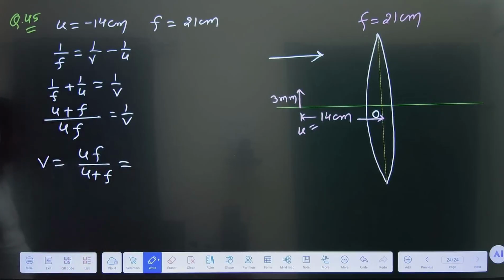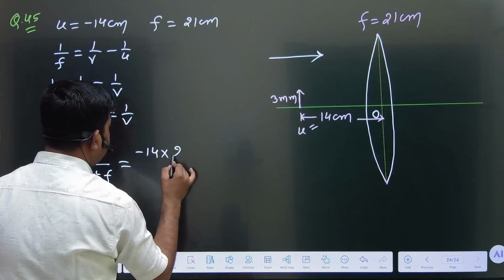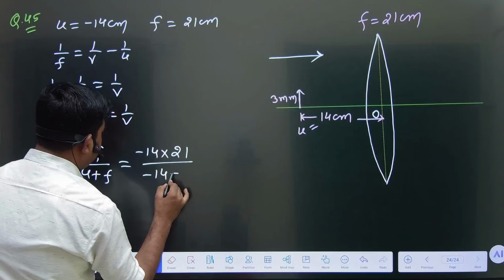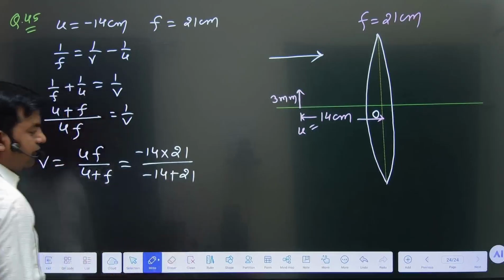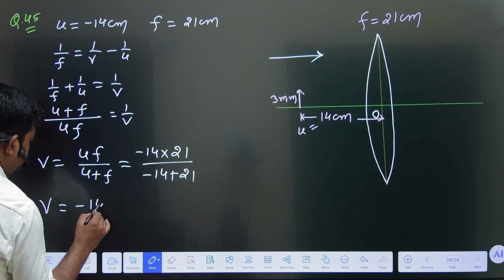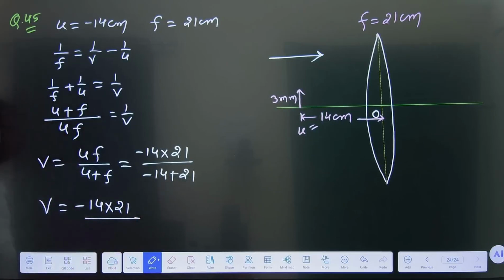We put all the values in this question. What is u? U is minus 14 multiplied by f is 21 divided by u, minus 14 plus 21. Clear to you? So we have to write here v is equal to minus 14 into 21 divided by minus 14 plus 21.